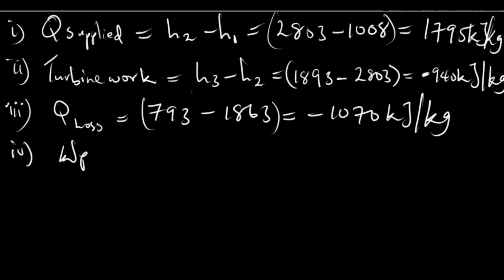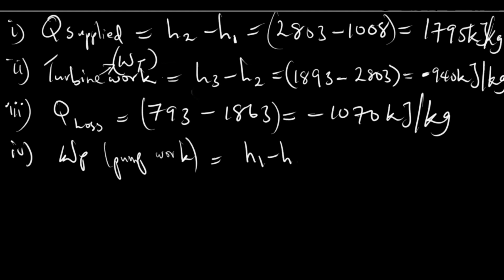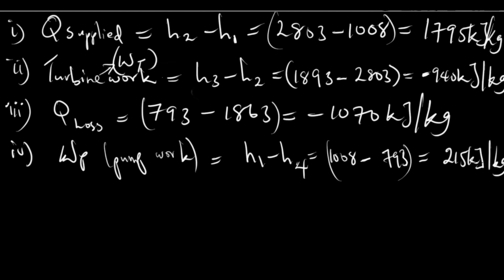That is pump work or compressive work, which is equal to H1 minus H4, which is equal to 1008 minus 793, which will give us 215 kilojoules per kilogram.